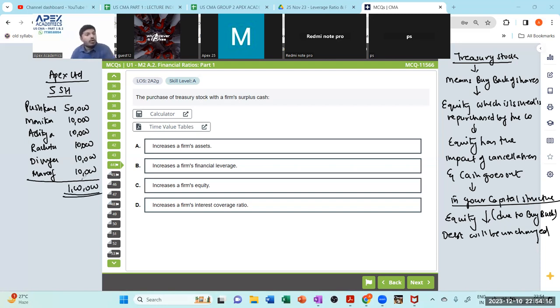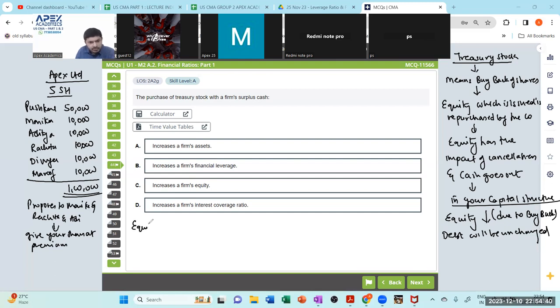Pushkar wants more control. He proposes to Monica, Rachita and Aditya: give me your shares at a premium. They say okay.